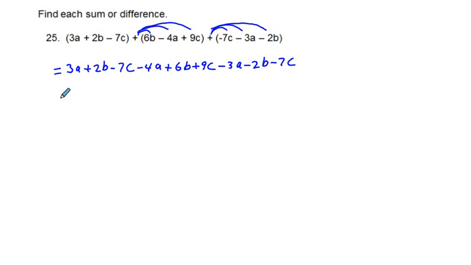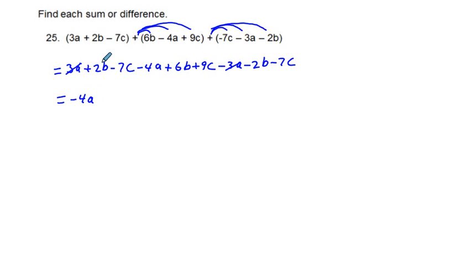Now you can do this to your own liking, but I like to rearrange these in proper order. It helps me keep better track of things. So first the a's: we have 3a minus 4a minus 3a. I happen to notice these two sets of 3a minus 3a will cancel each other, so what we're left with is minus 4a.